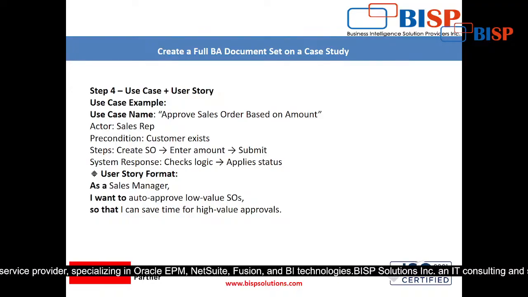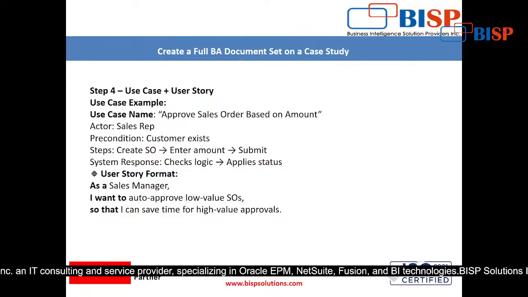So use case example, use case name, approve sales order based on amount. Actors means the stakeholders, sales rep, and then precondition: customer should exist, then item also should exist, because a sales order will be created only when the item exists.